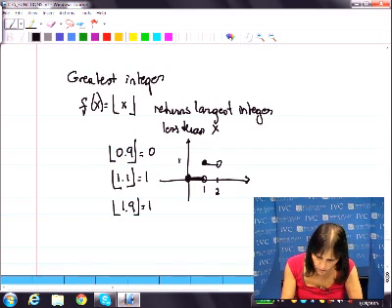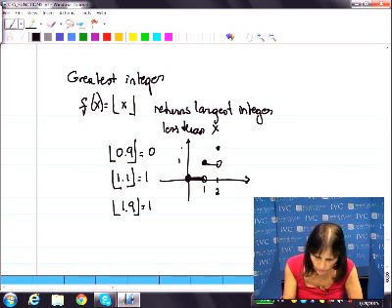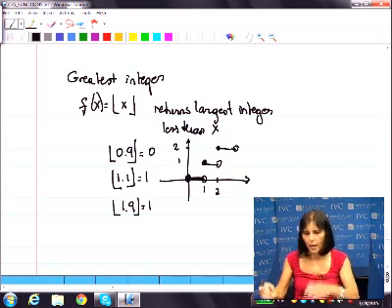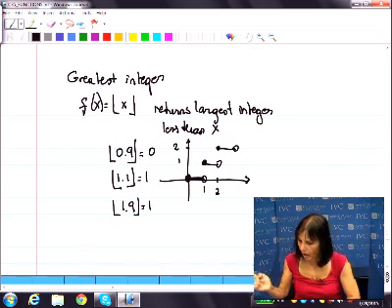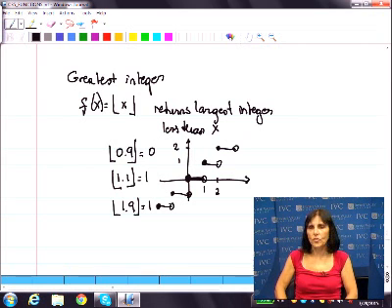How about 2? Greatest integer of 2 is 2, but 2.1. So it's like black on the left, hollow on the right, and then it will go like this to the left as well. Greatest integer function. So know the shapes of all these functions and know what a function is. Thank you for watching.